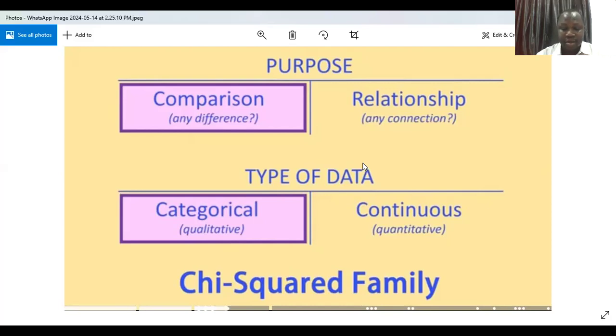Now, if you are comparing, what are the things that you can actually compare? We are comparing male and female. I want to talk about a statement.